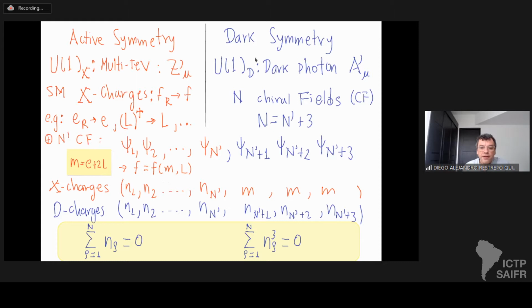On the other hand, for the case of the dark symmetry, we will have the n chiral fields that need to satisfy the anomaly conditions. So in summary, these two sets of integers, either with 3 repeated ones or the general ones, need to satisfy the conditions for the cancellation of the linear anomalies and the cubic anomalies.